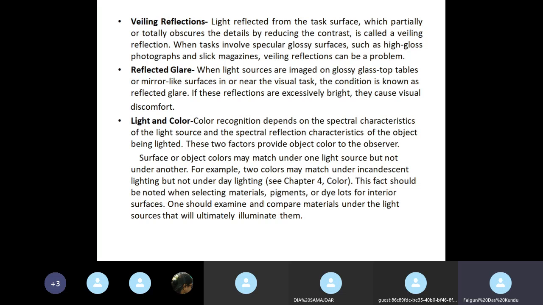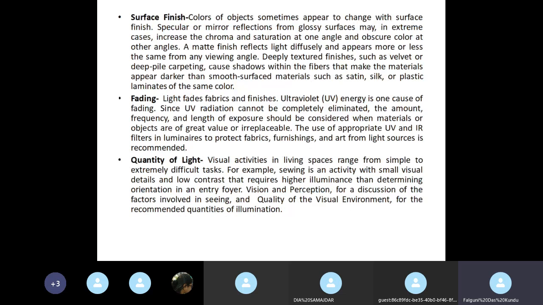Colors may match under incandescent lighting but not under daylighting. This fact should be noted when selecting materials, pigments or dye lots for interior surfaces. Okay, so one should examine and compare the materials under the light sources that will ultimately illuminate them.